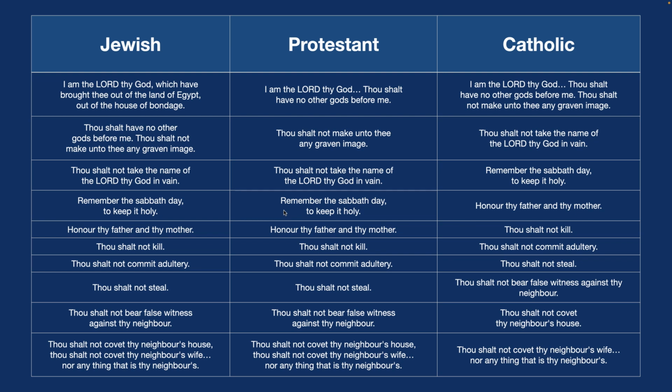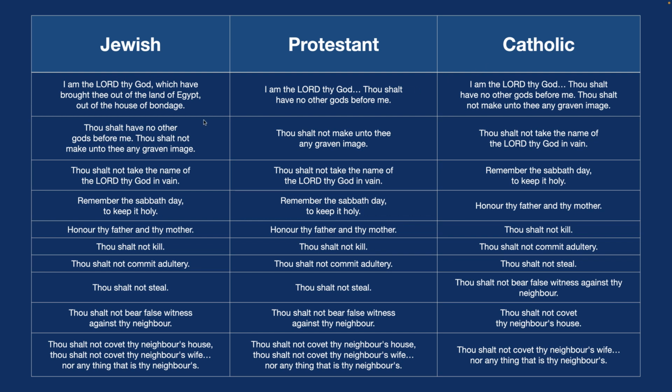However, one thing that I would like to say is that although officially, both in the Protestant and in the Catholic Ten Commandments, they start with, I am the Lord thy God, which brought thee out of the land of Egypt, out of the house of bondage, etc. Those things are not really captured within the Ten Commandments at a popular level within the Protestant and Catholic traditions.